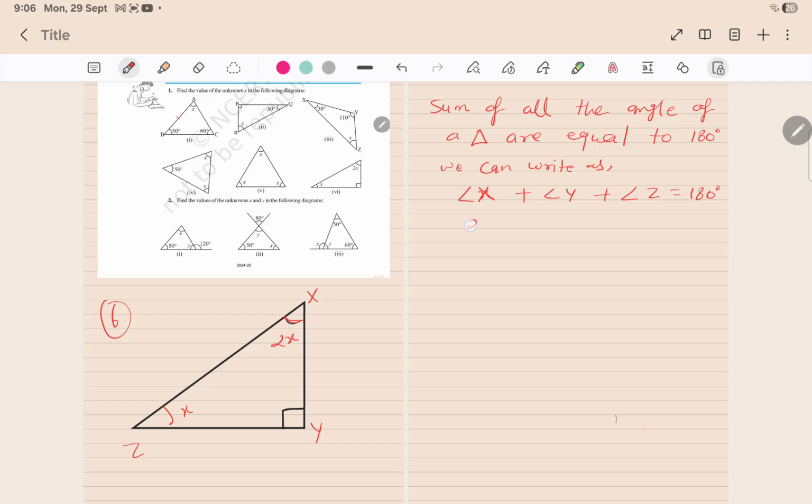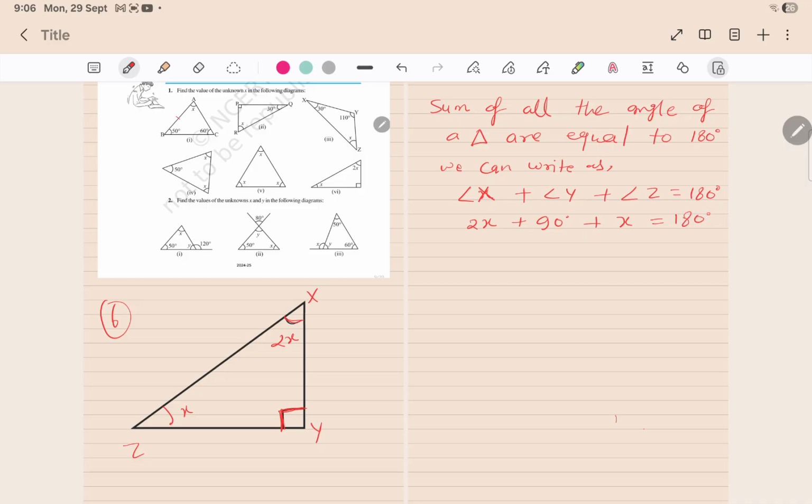Angle X equals 2x, angle Y equals 90 degrees, and angle Z equals x.